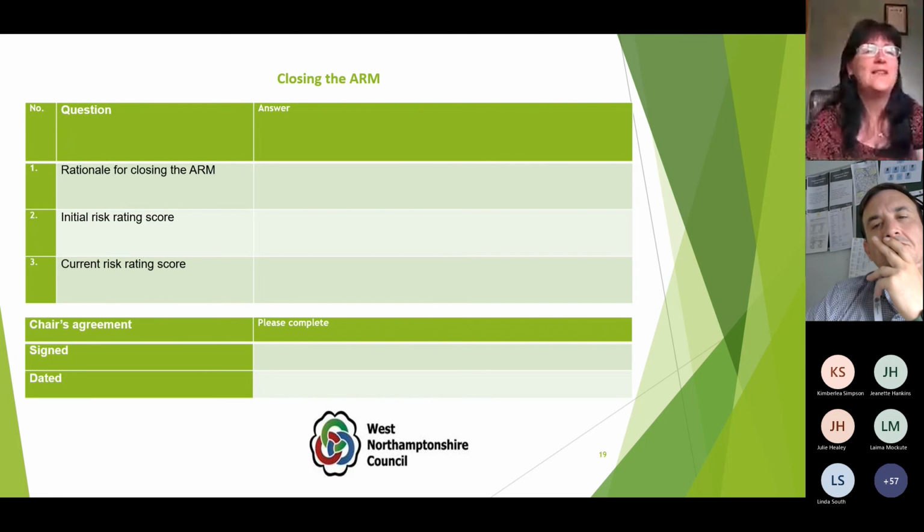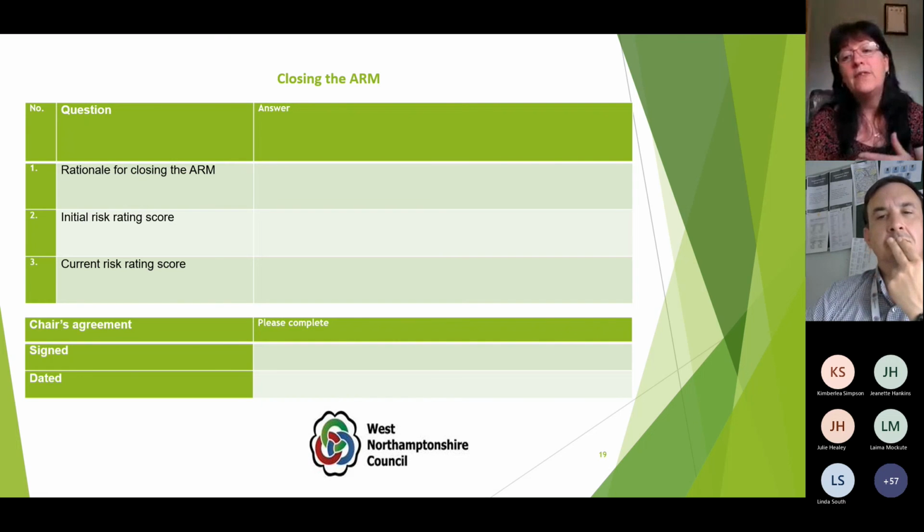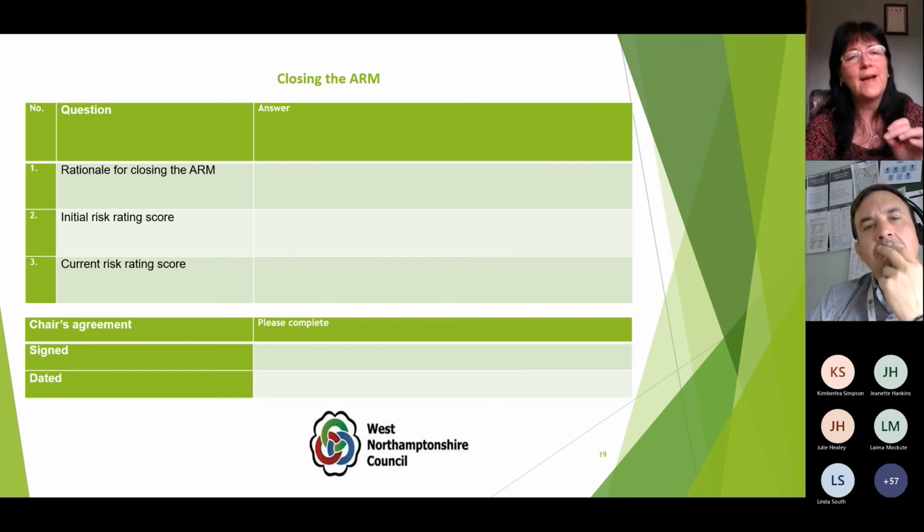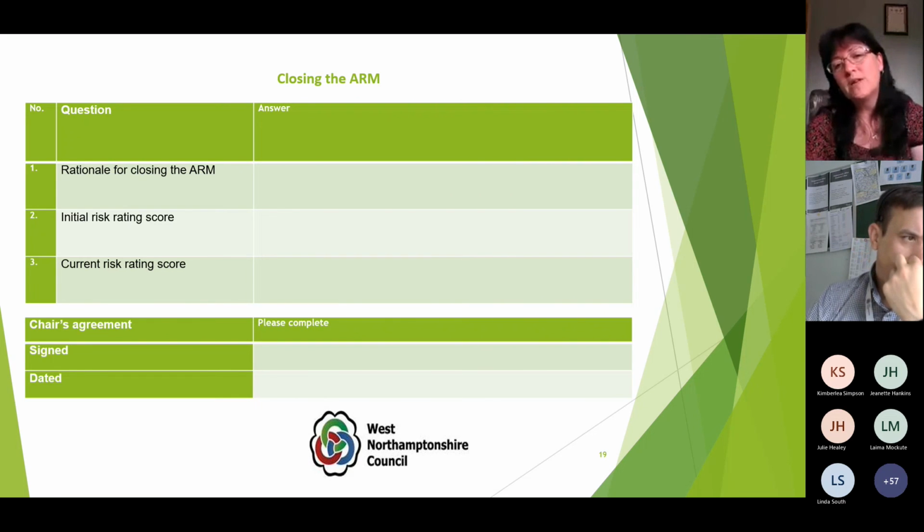So you need to identify that, and obviously the rationale for closing an ARM. The only main reason for closing an ARM is that the risk has been reduced, because as I always say, if the risk remains high, an ARM must continue to be ongoing.